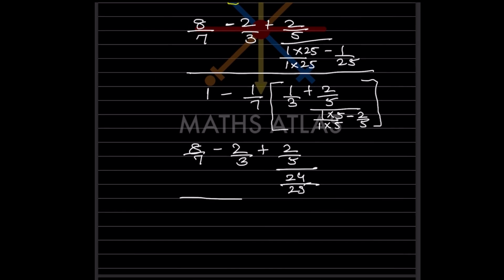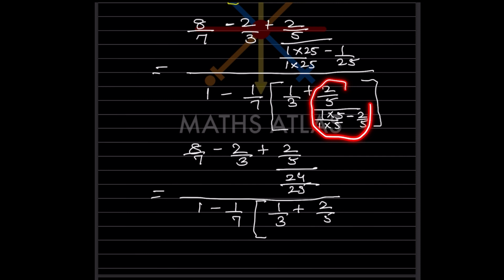Now let us go to the denominator. That will be 1 minus 1 by 7 as it is, then 1 by 3. Again here, this part 2 by 5 as it is, and the denominator is 5 minus 2, that is going to be 3 by 5. So here we'll write 3 by 5.